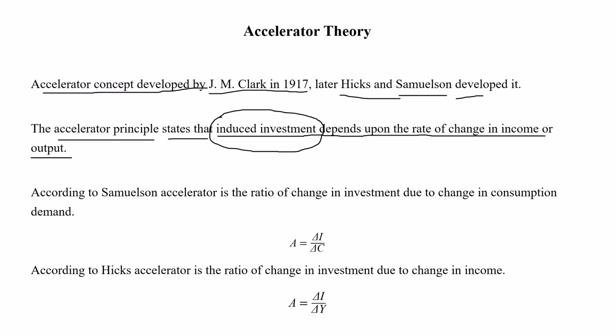Induced investment depends on income and profit. If income or profit increases, induced investment will increase. Keep in mind, in the multiplier concept it is autonomous investment, but in the accelerator it is induced investment, which is profit motive or income motive. I hope you understood.